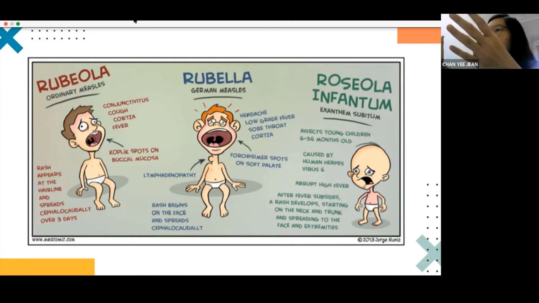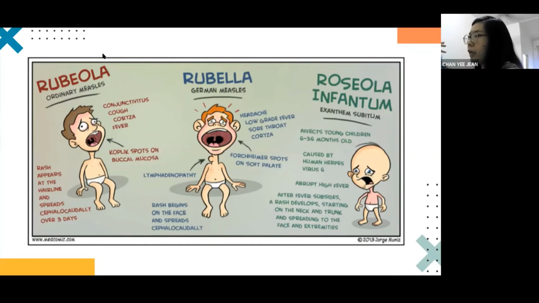By the way, measles and rosella, the kids with rosella, the difference is that the rash pops out when the fever resolves, right? And the kids tend to be a bit happier. Who was the first presenter just now? Aisha.